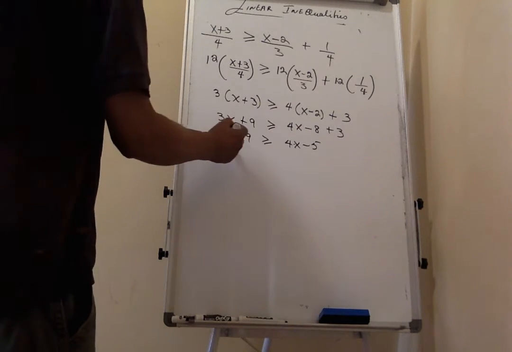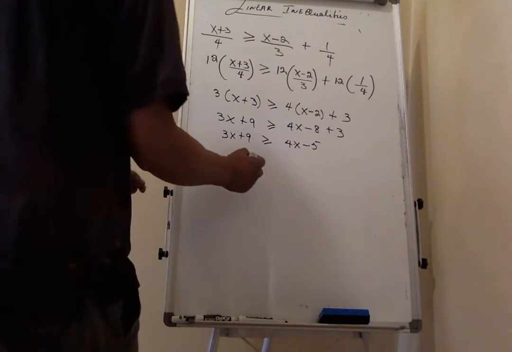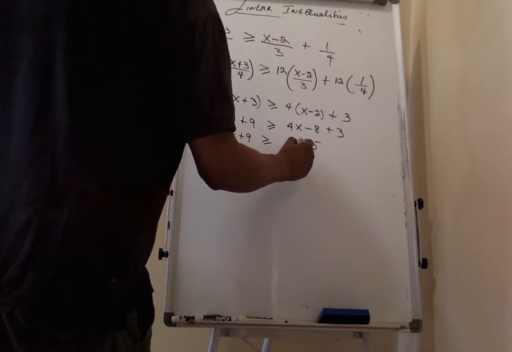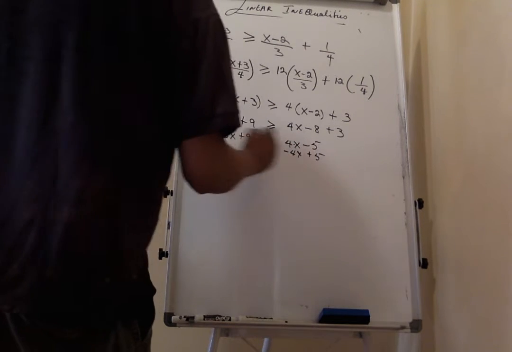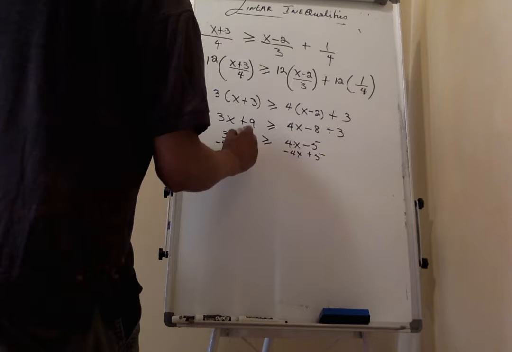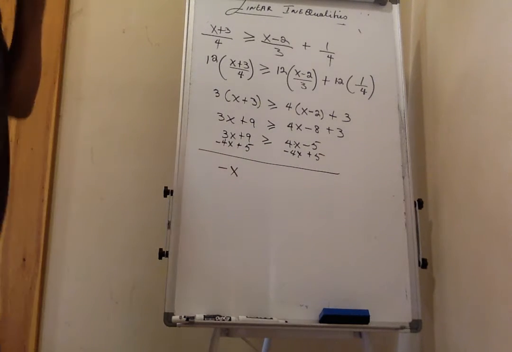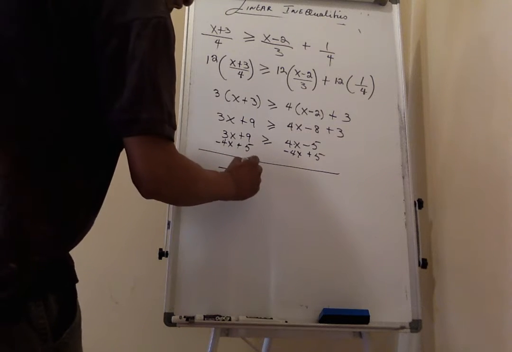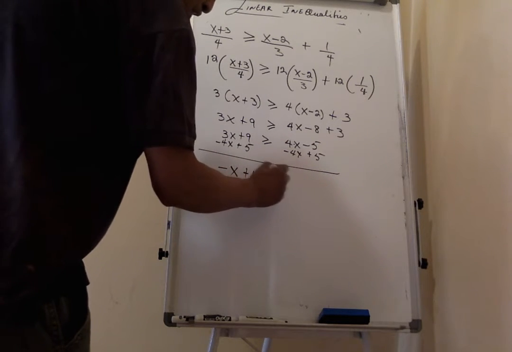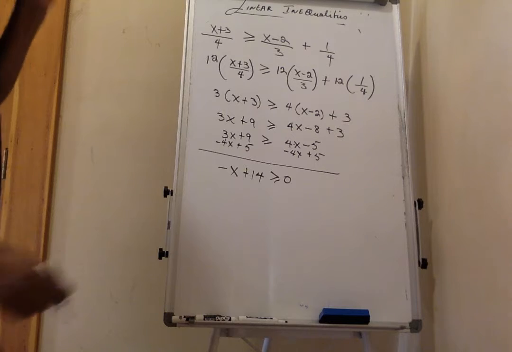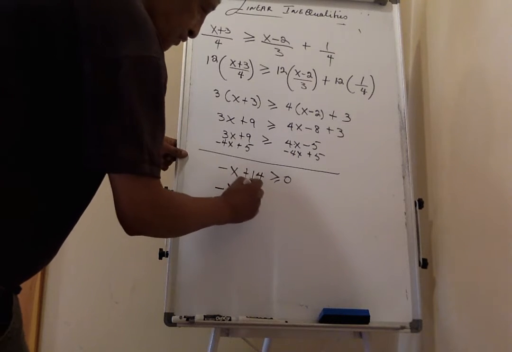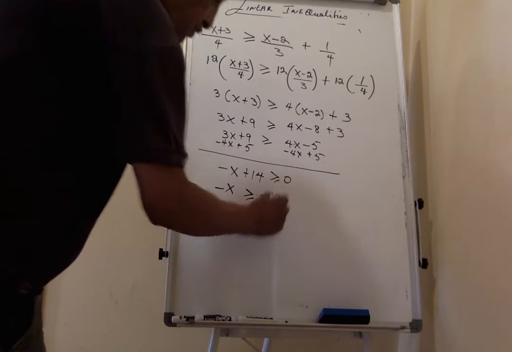So move 4x and 3x to this side. So if you do that, you're doing minus 4x plus 5 on both sides. Then you have negative x, right? Plus 14 is greater than or equal to 0. Then negative x is greater than or equal to negative 14.